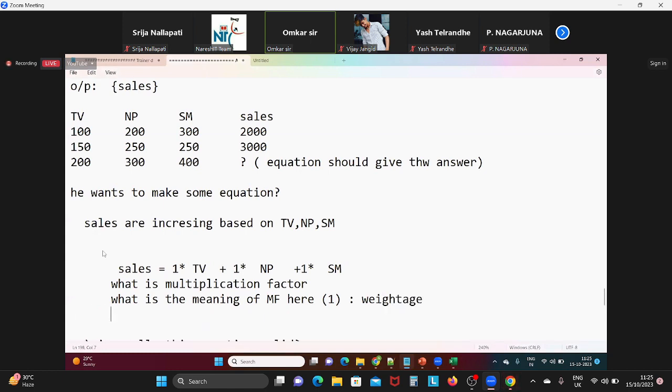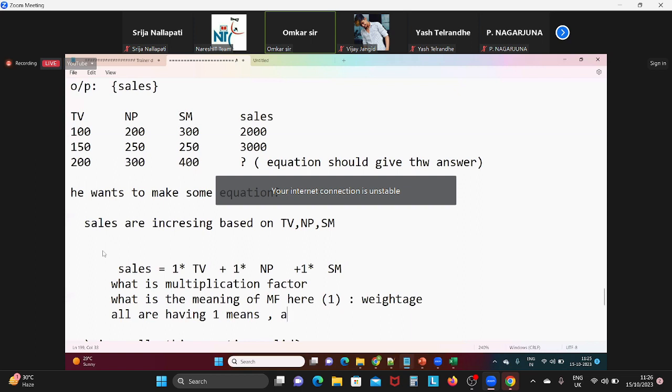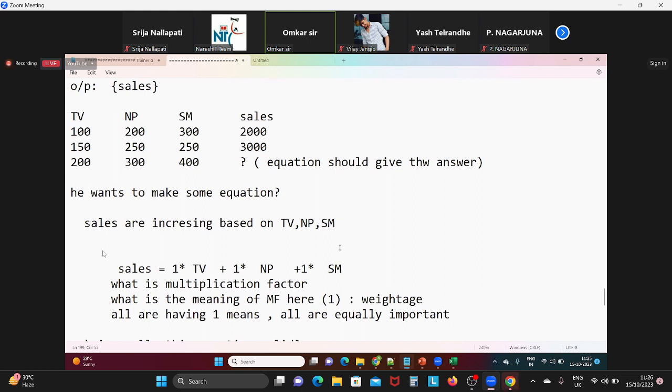That means when all are having 1, all are equally important. Everyone having 2 means all are equally important only, 2 times equally important. Everything having 3 means all are 3 times equally important.